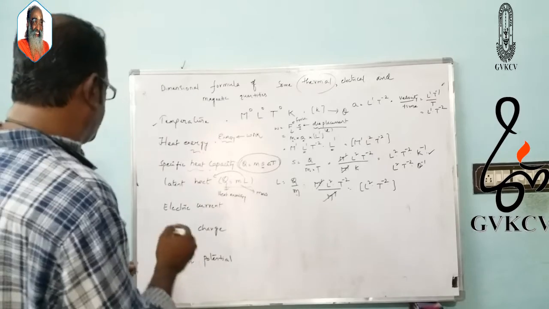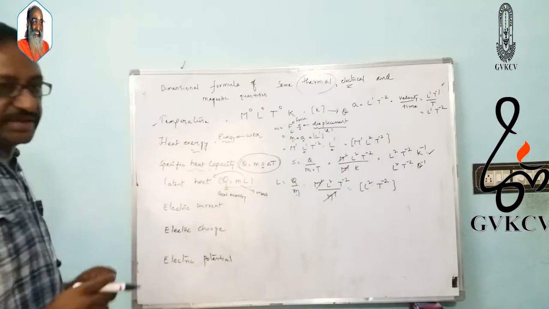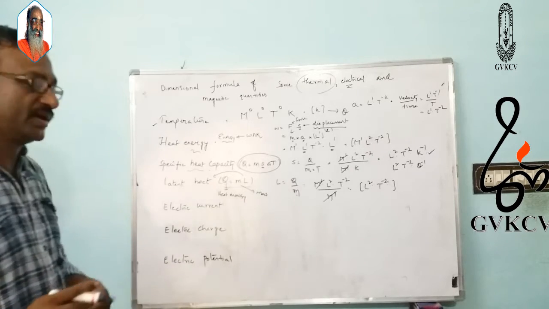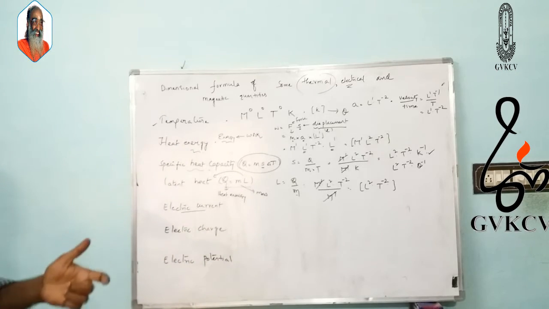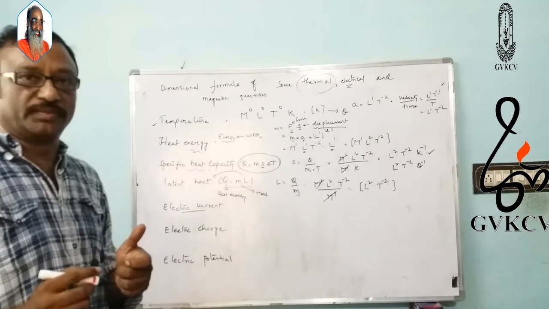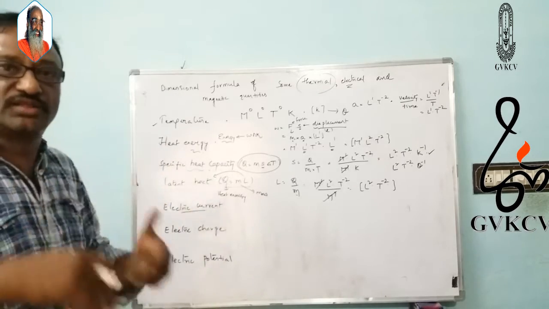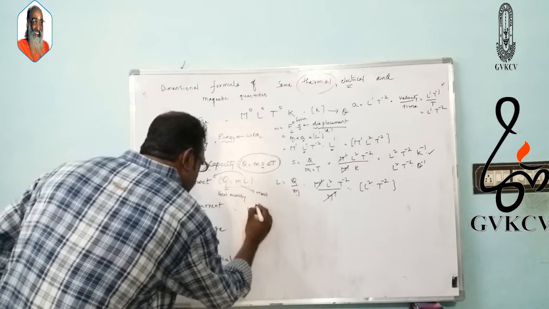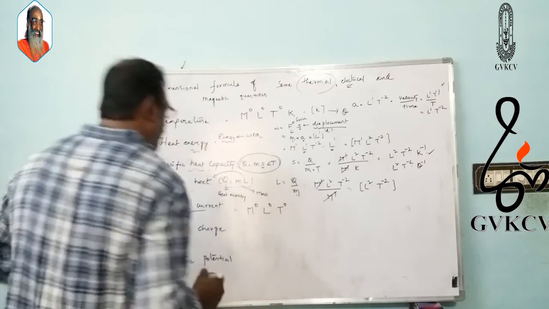And the next one is coming to the electrical quantities. See here, some basic electrical quantities are given, which you might have come across in your earlier classes. It is your electric current. Electric current itself is a fundamental quantity, that means it cannot be derived from mass or length or time. So we can say it has 0 dimensions in mass, 0 dimensions in length, 0 dimensions in time.